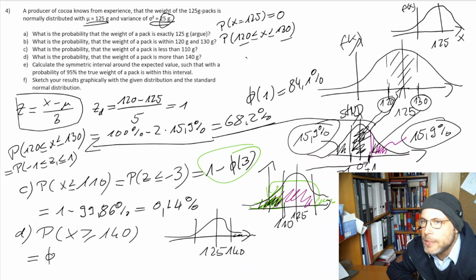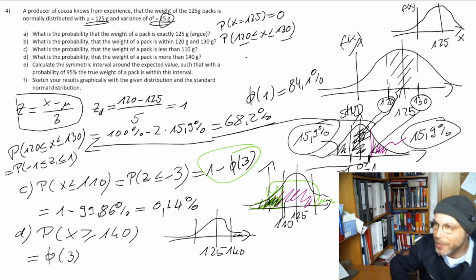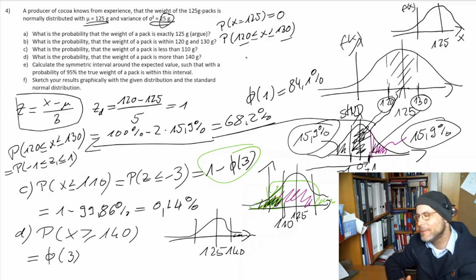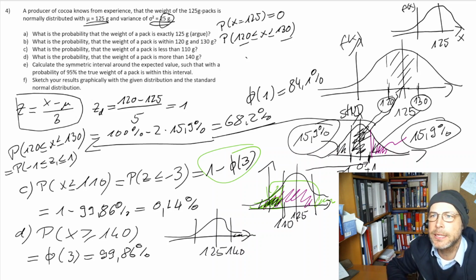What is the probability that the weight of our package is larger than 140? The same, of course, because now 140 minus 125 is 15, divided by 5 is of course 3, so we obtain 99.86%.